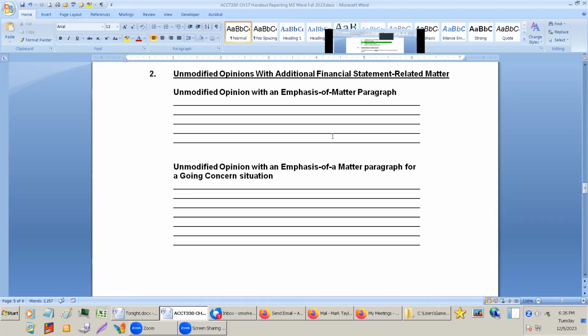Okay, unmodified opinions with additional financial statement related matters. So these are things that we tack on to an unmodified opinion.